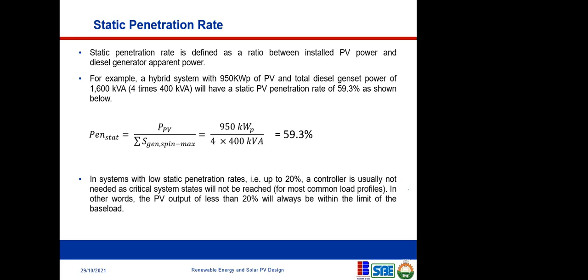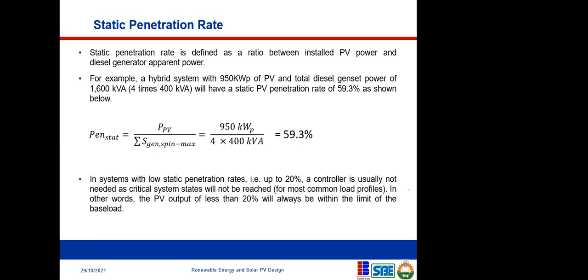In systems with low penetration rate, that is up to 20%, a controller is usually not needed as a critical system state will not be reached for most common loads. In other words, the PV output of less than 20% will always be within the limit of the base load.